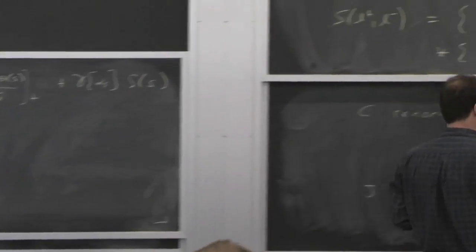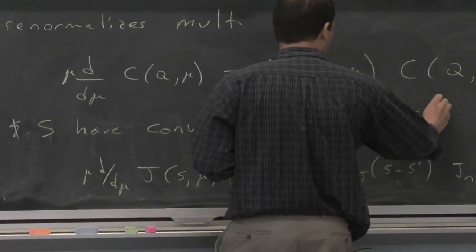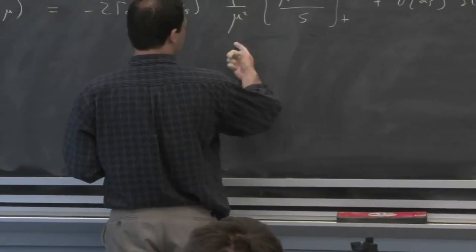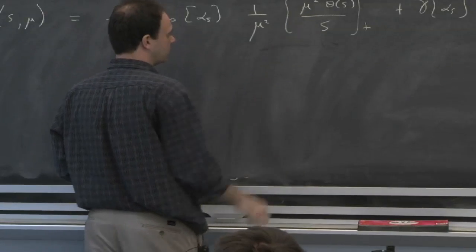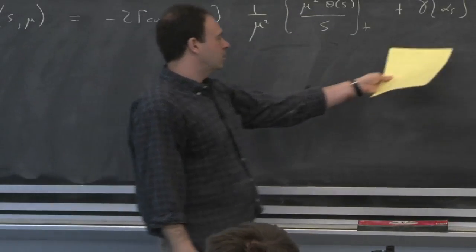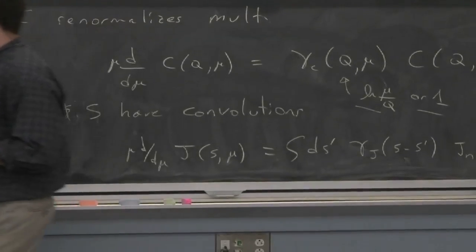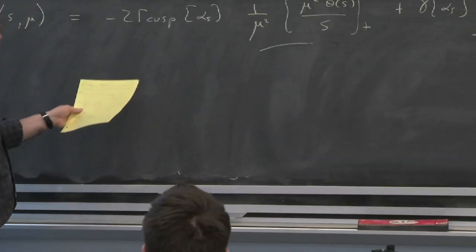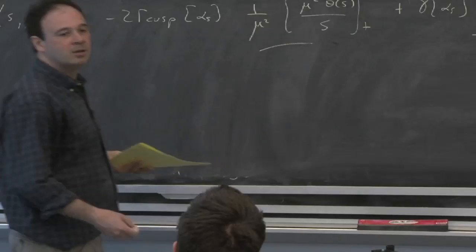Remember that when we decompose this, there could be a log mu over q term or a 1 term with no log of mu over q. This plus function is like an analog of a log. If you integrate over s, then it's like ds over s, which is like a log. And integrating delta of s is like 1. Right? So the analogous statement is that there were two possibilities there, and in this case there's an analog of that, and there's two possibilities here. And what perturbation theory is doing is just computing the coefficients of these two different structures.